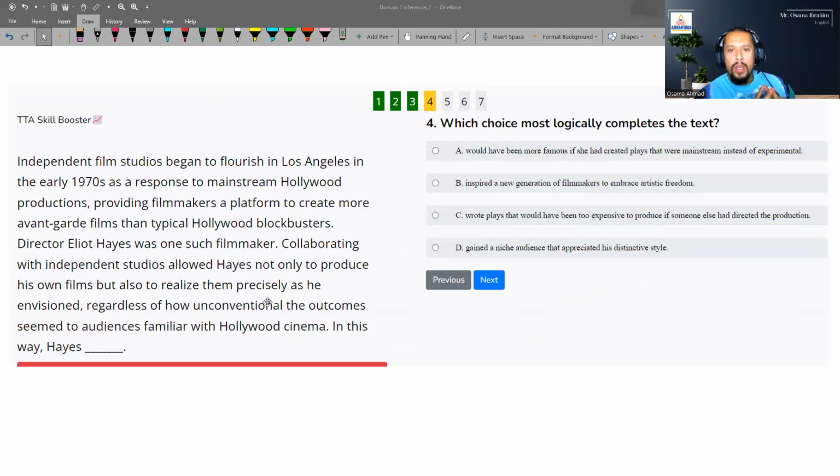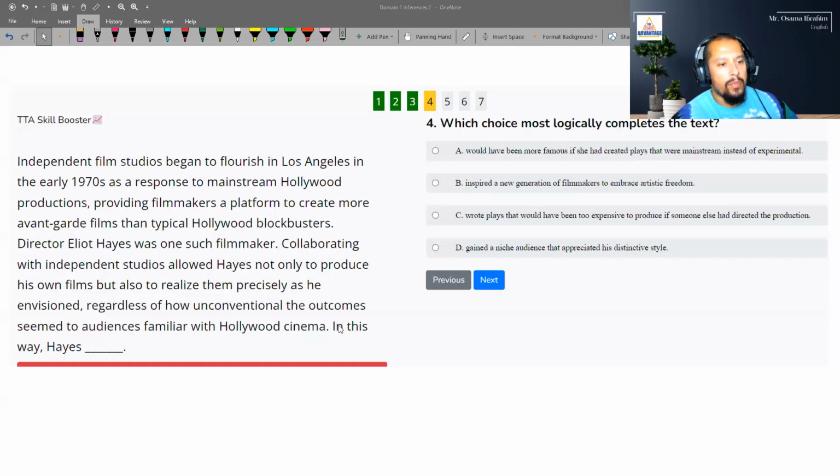Okay. Tricky question here. I see nobody got this one correct. So this question is a little bit tricky because the answers are plausible, right?